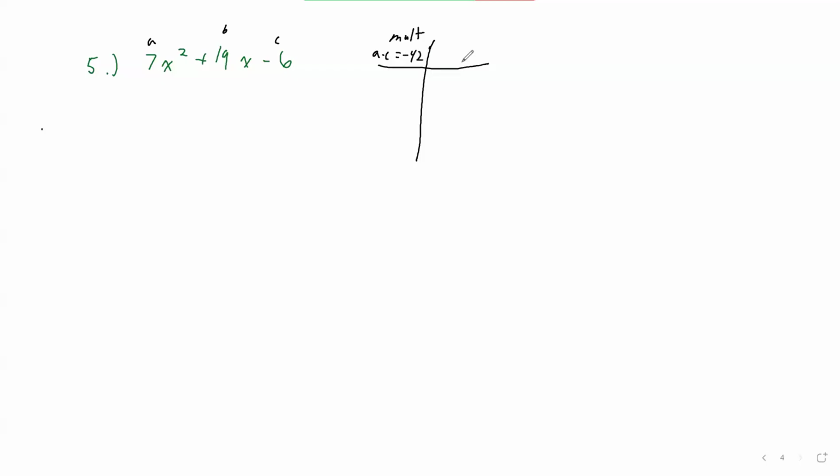So then we add to 19. So what I'm going to do is start with my multiples of 42. So it's 1 and 42. Again, it's being multiplied to a negative, so one of these has to be a negative. But since I'm adding to a positive, my smaller number will be the negative.